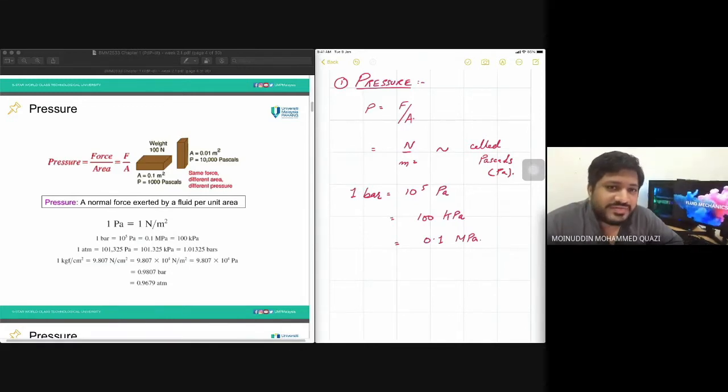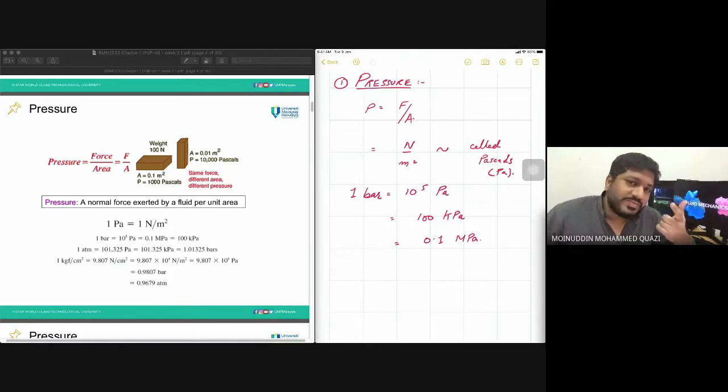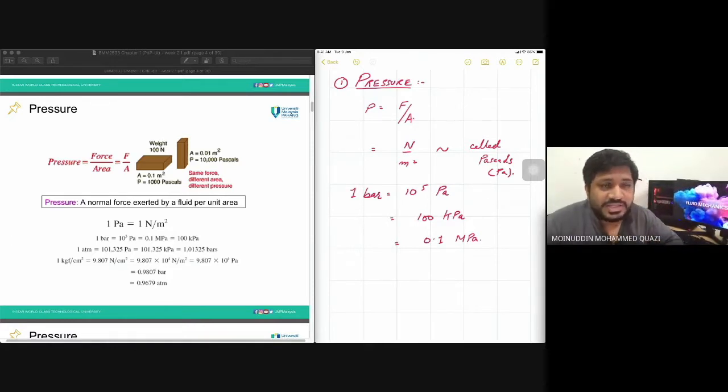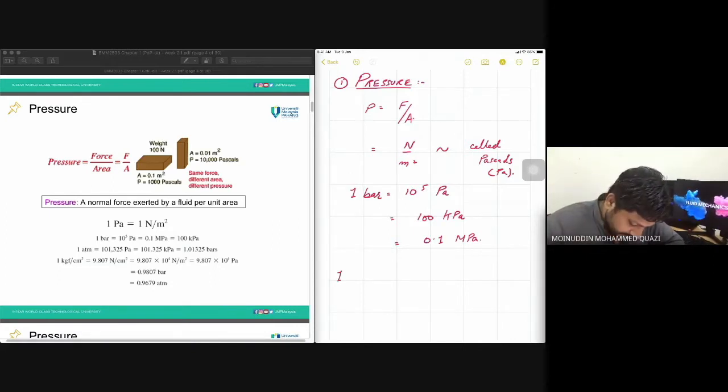Pressure is also denoted in terms of atmospheres. We have atmospheric pressure acting on us, the pressure of the air which is currently on us, and that is 1 atm. 1 atmosphere is equal to 101,325 Pascals.